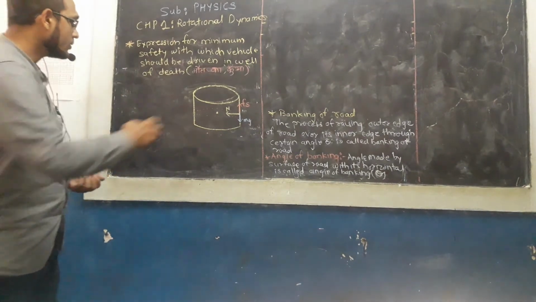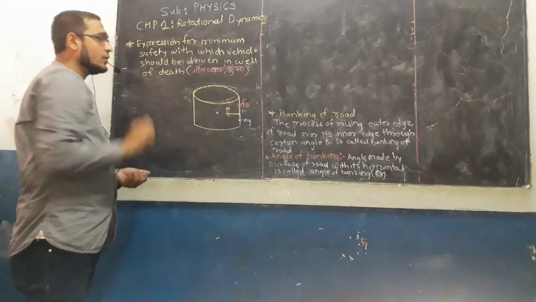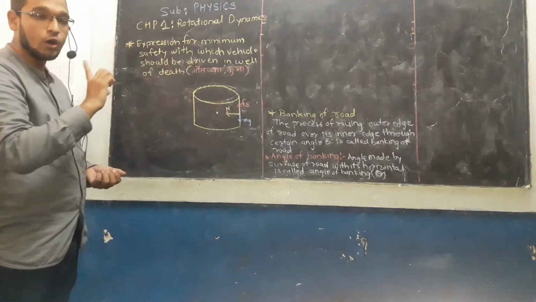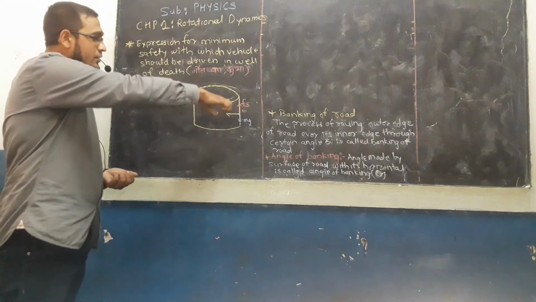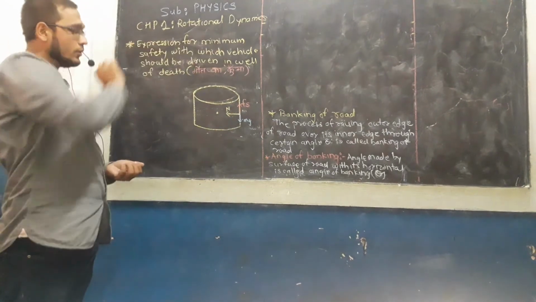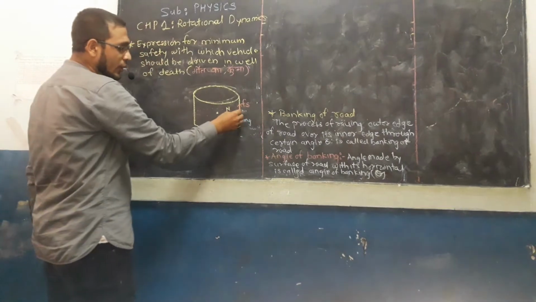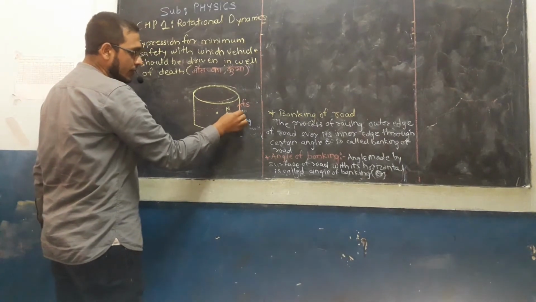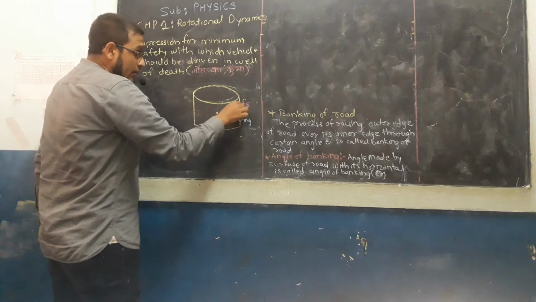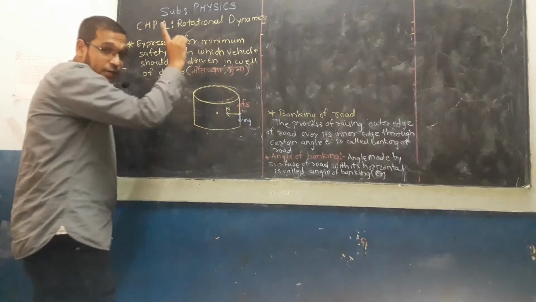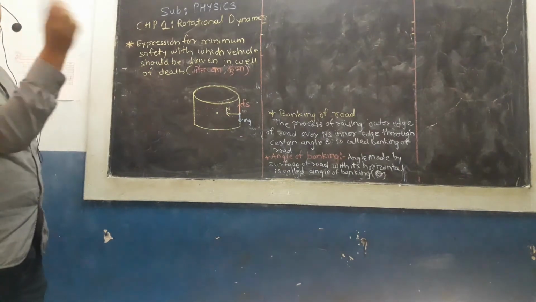So consider this as a well of death. What is a well of death? It is a cylindrical wall and a vehicle is moving along the side of the wall. Now suppose this is a vehicle. Frictional force is provided by the side of the wall because the vehicle is moving like this.